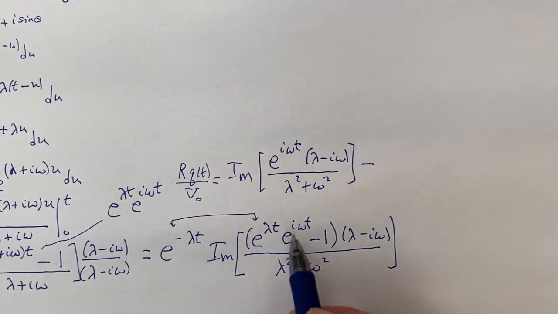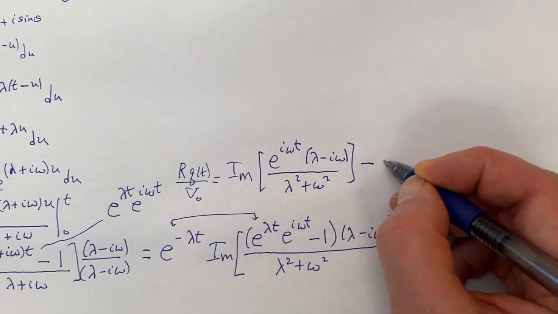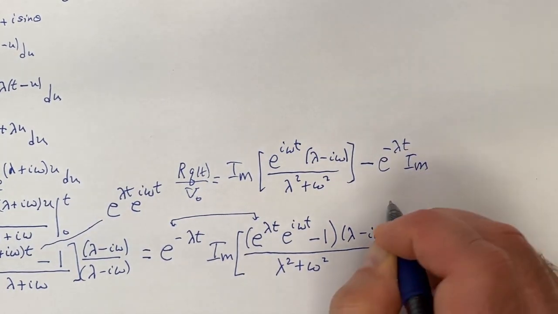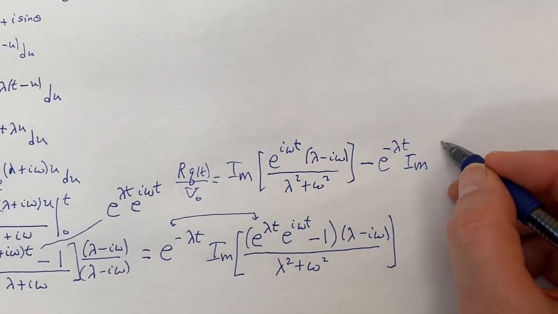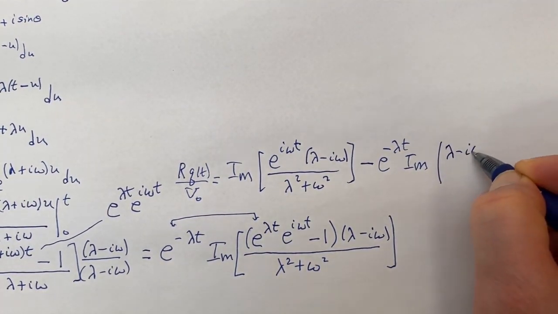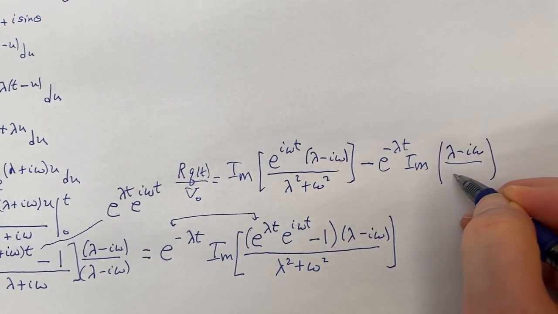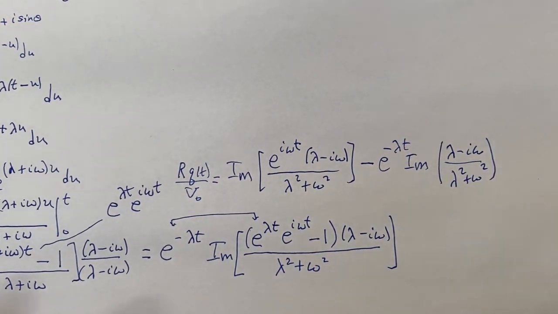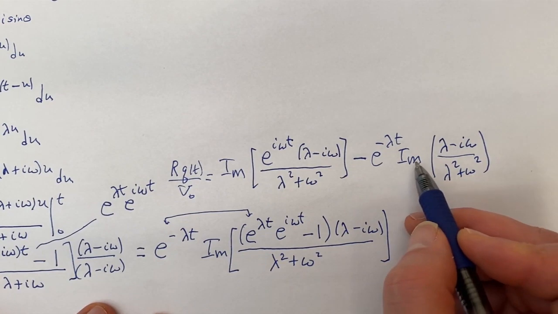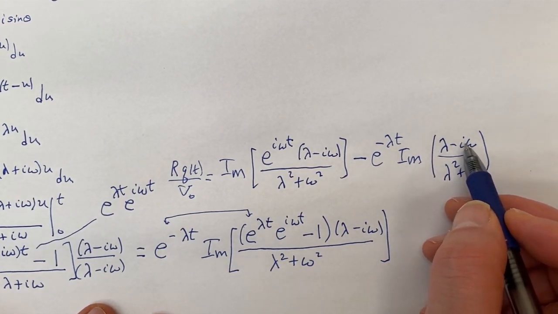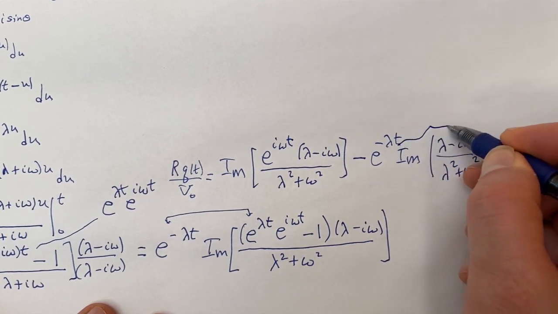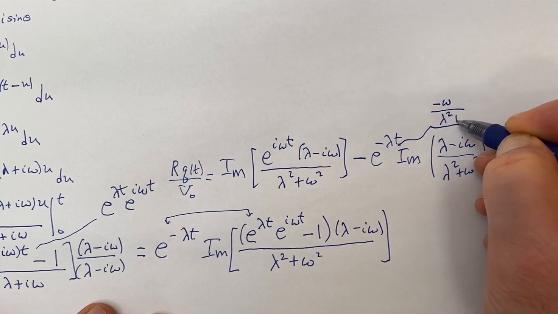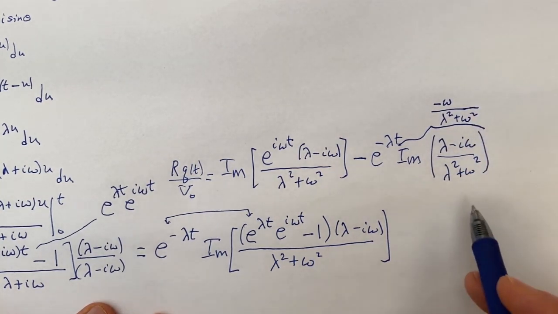The other one here does have the e to the minus lambda t surviving. So since it's real, we'll put it on the left there. And then we have the imaginary part of lambda minus I omega over lambda squared plus omega squared. Now this last one is easy to do because the imaginary part is just whatever is hitting that I. So this part here is going to be minus omega over lambda squared plus omega squared. That's what we have for that one.